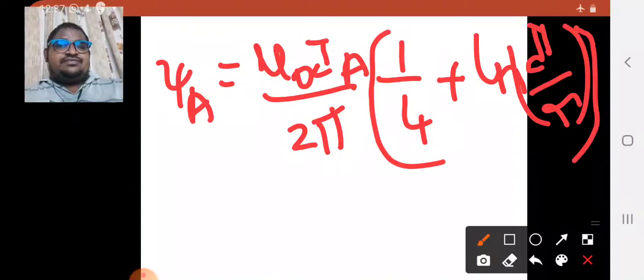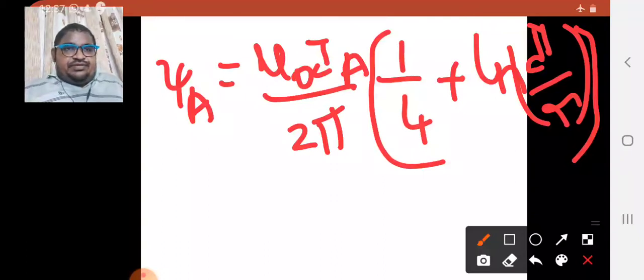So the inductance of the single conductor in three phase is given by flux linkage, which is mu naught IA divided by 2 pi into 1 by 4 plus ln D by R. Now we can still reduce this.